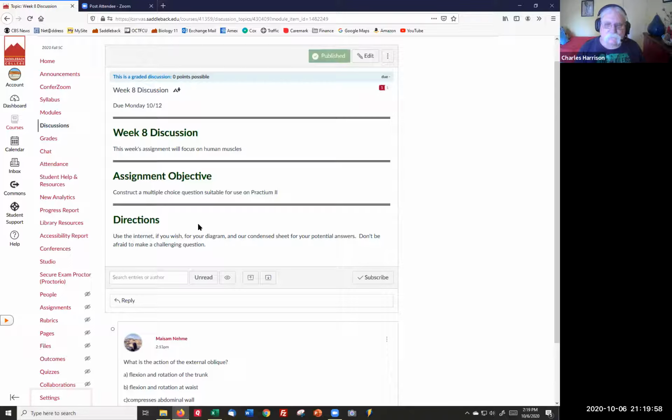The muscles of the forearm are exactly the same. Most of the muscles of the leg are the same, with the exception of the biceps femoris, for instance, and the gracilis and the sartorius. That's 3 of the 5 that I have in mind.